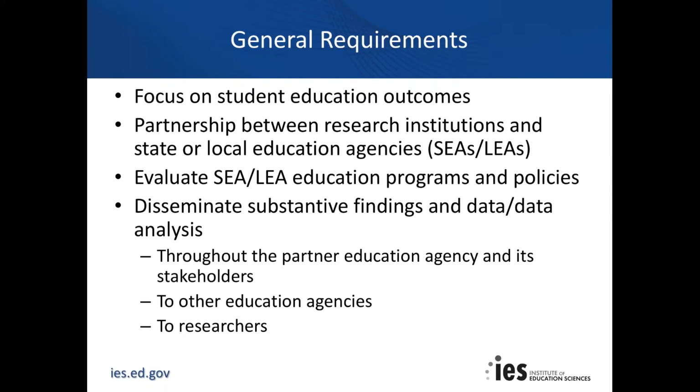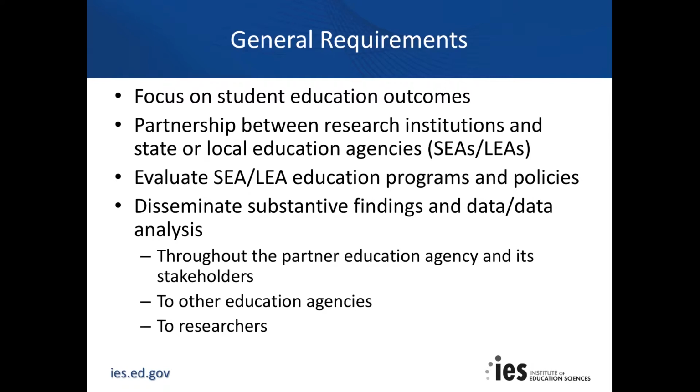For general requirements, this year IES has included a much stronger requirement regarding dissemination that includes both a dissemination plan and a data management plan. So I want to pay special note to that today in this presentation. Also, you need to focus on student education outcomes.